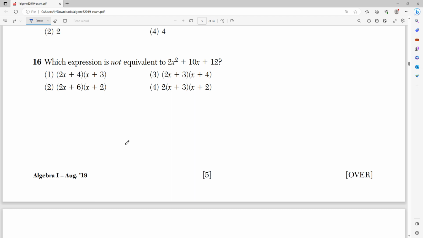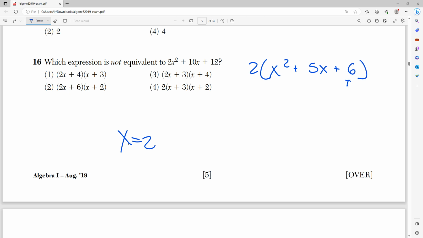Right, so number 16 asks which expression is not equivalent to 2x squared plus 10x plus 12. A pretty easy way to do this is probably to plug in, just say x equals 2, plug it in, and whichever value does not add up is going to be your answer. Or you could just factor it out and see along the way. So 2 times x squared plus 5x plus 6, right?